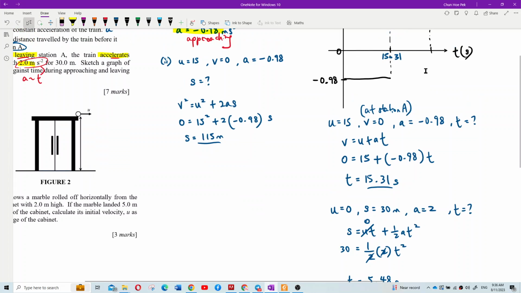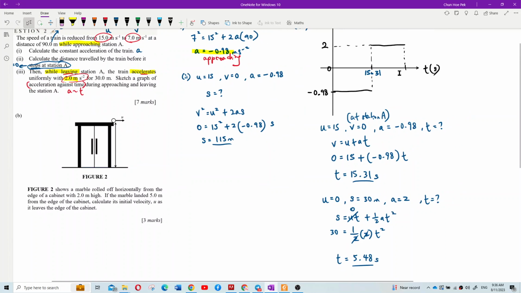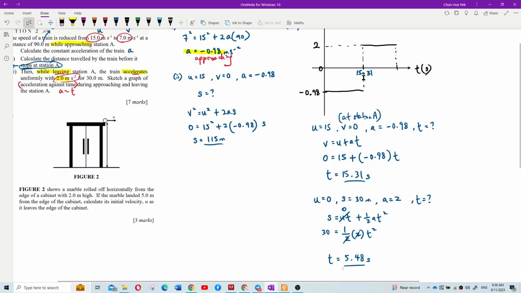So here we write what time? Not 5.48. We must add with the previous time. So 5.48 plus 15.31 is 20.79 second. Okay, so that's the time.